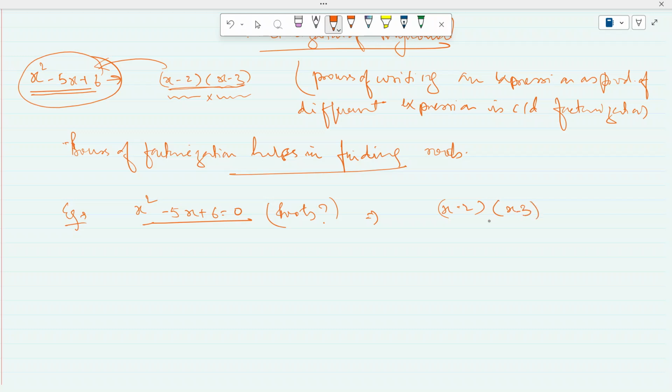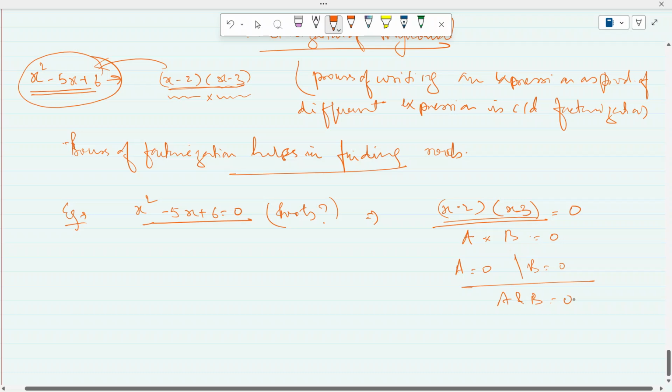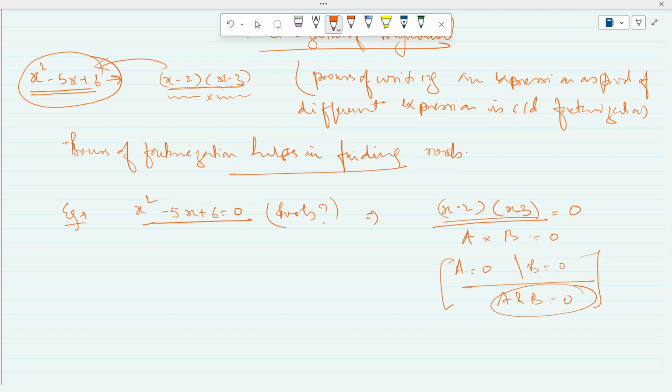If we can factor this as x - 2 times x - 3, then if we equate this to 0, and if we assume this expression as a and this as b, then if the multiplication of a and b is 0, either a is 0 or b is 0, or both a and b are 0. Only three cases are possible. So from here we get x - 2 is equal to 0 or x - 3 is equal to 0.